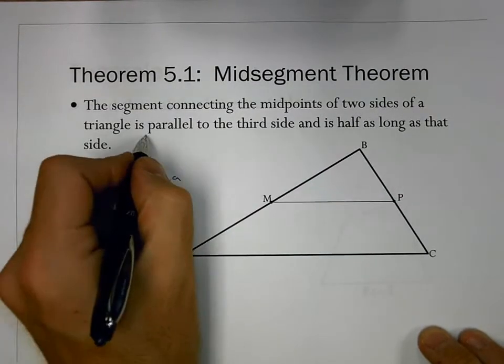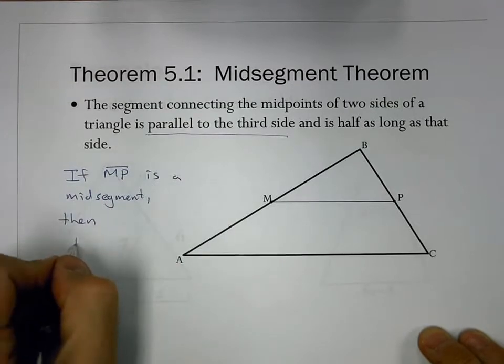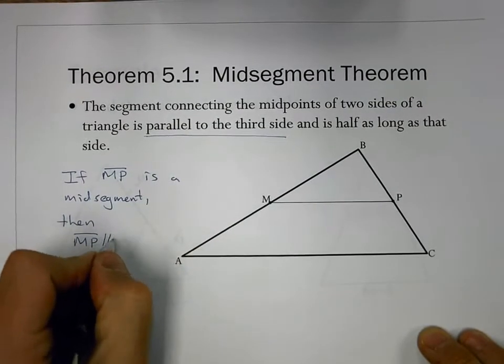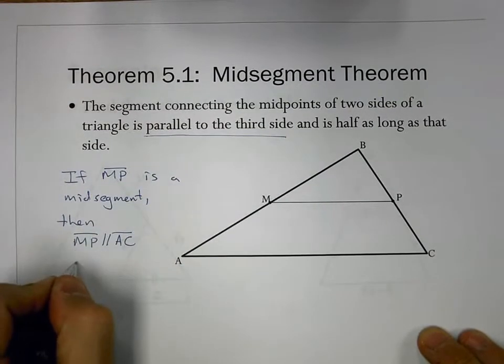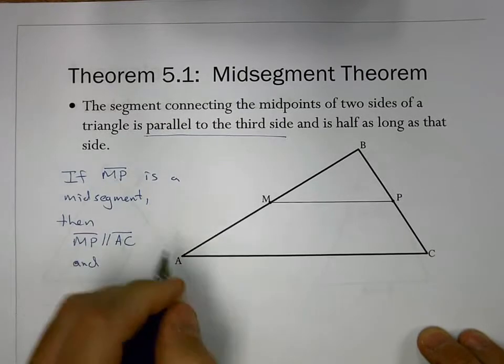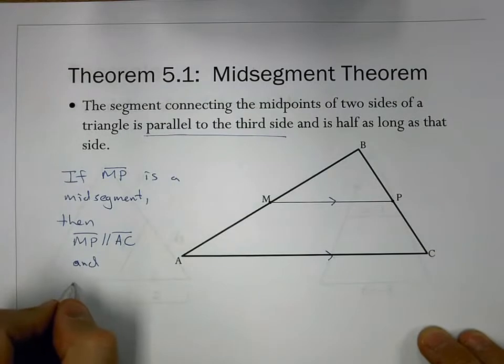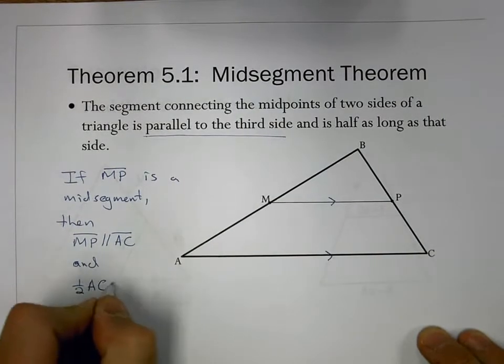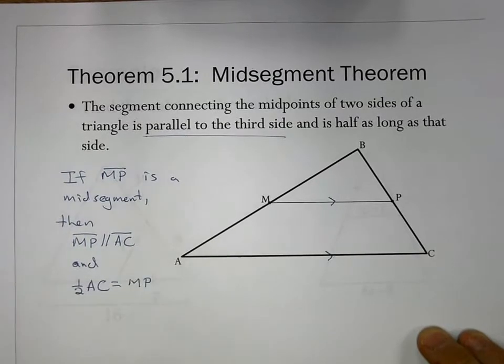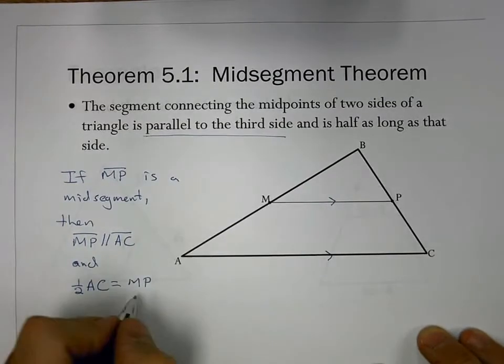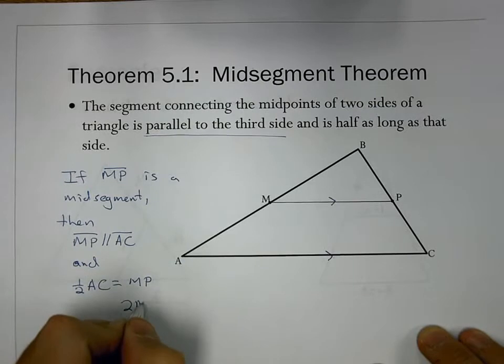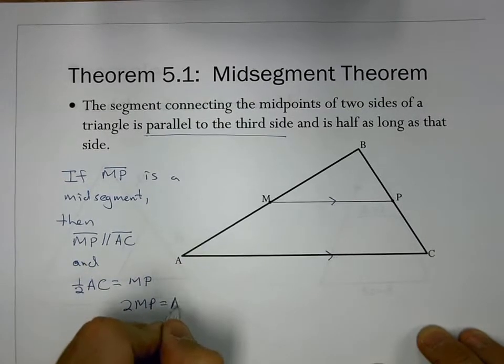First, that it's parallel to the third side, and second, it's half as long as the other side, which would be AC, or we would say 1/2 AC equals MP. For those that don't like fractions, we could say 2 times MP equals AC.